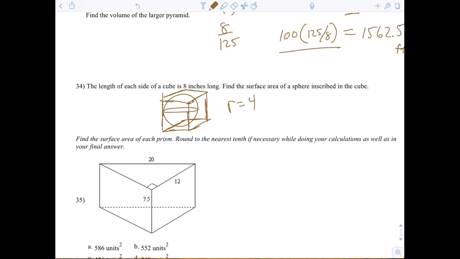All right, so the surface area would be 4 pi r squared, right? So surface area is... Surface area of the sphere. You agree with that?